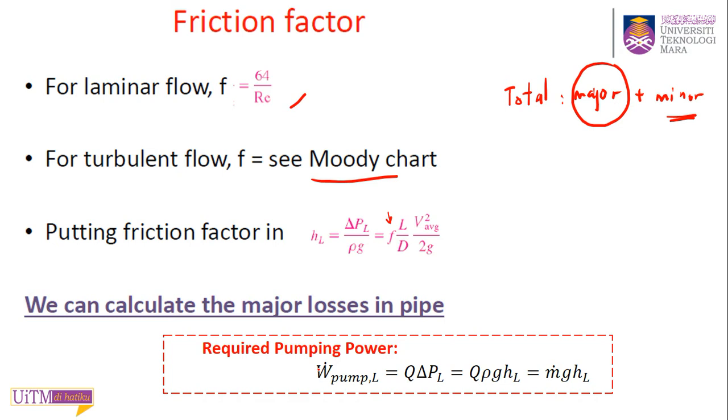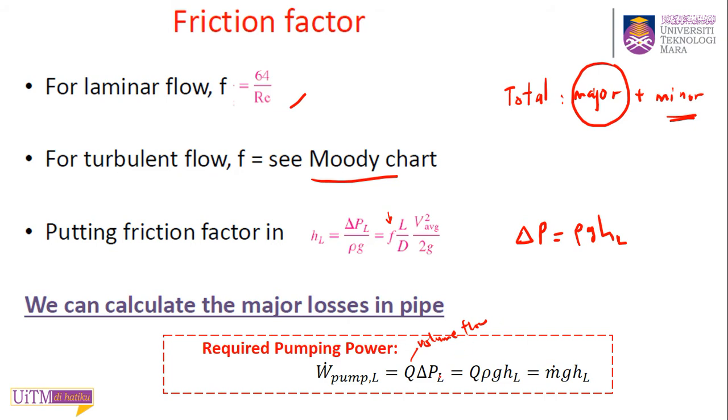The pumping power here, W dot, is equal to Q, the volume flow rate, and remember the continuity equation, volume flow rate Q equals A times V, times the pressure loss. We can change this pressure loss with rho g h_L, because delta P_L equals rho g h_L.